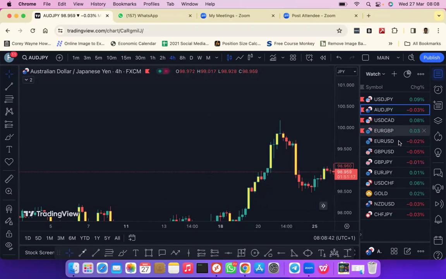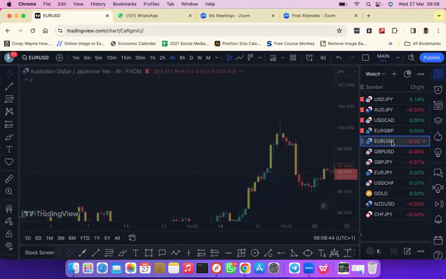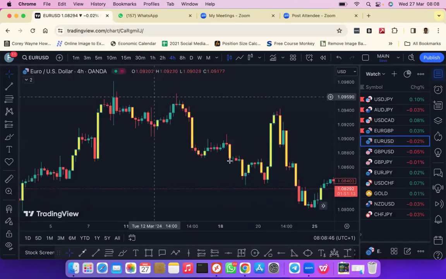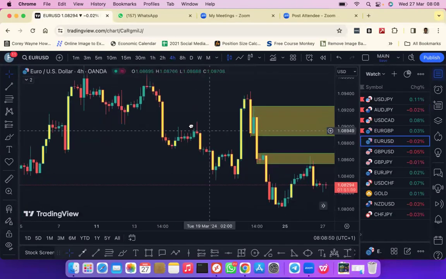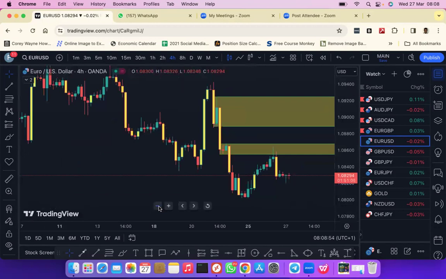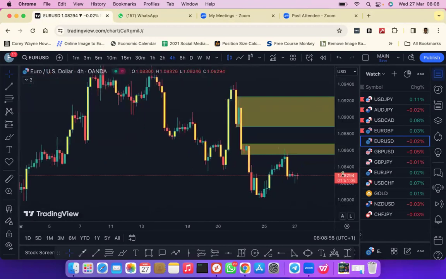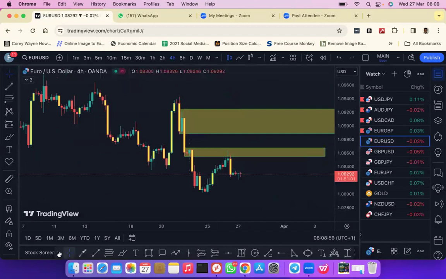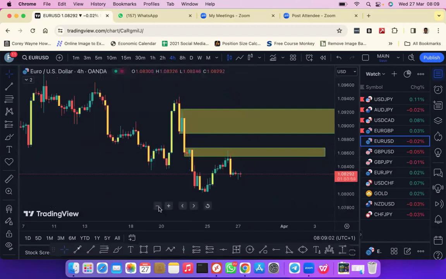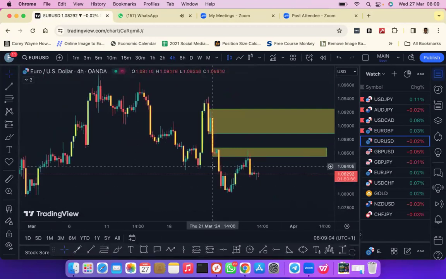But let's start with the most popular pair, EURUSD. If you were in the Sunday session, you would notice that I highlighted these zones for a sell.